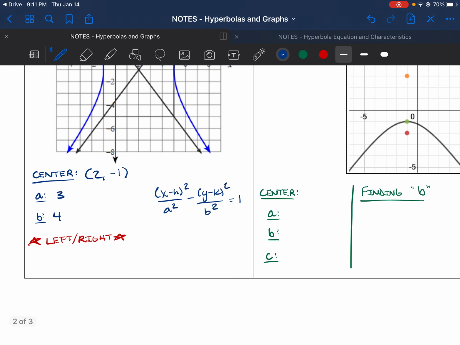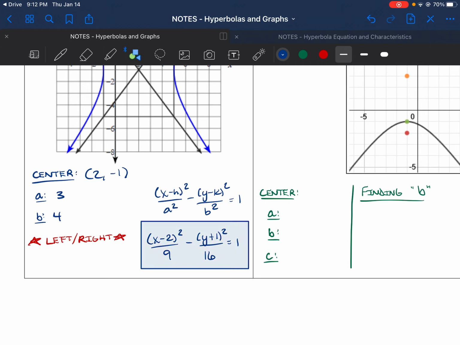Plugging in the pieces that we have, we're going to have x minus 2 squared over 9 minus y plus 1 squared over 16 equals 1. Once you've got these pieces, A, B, and the center, and you know the direction of opening for the hyperbola, it becomes pretty simple.